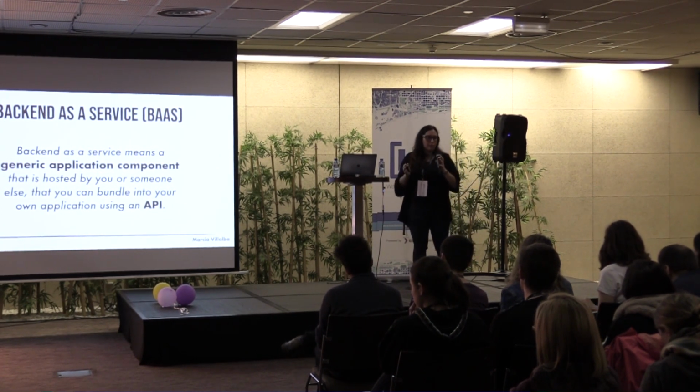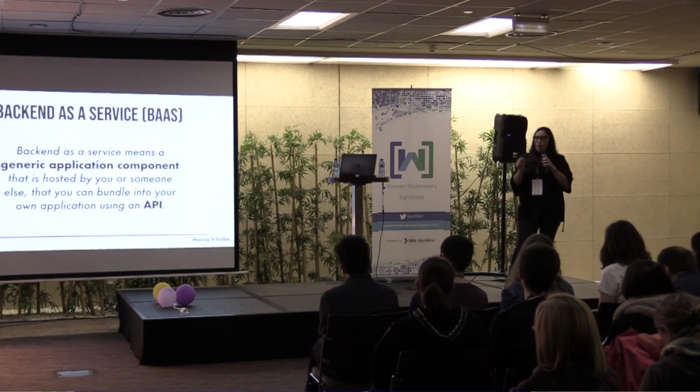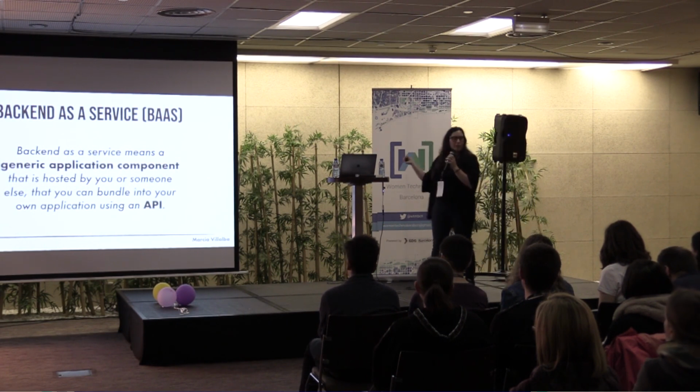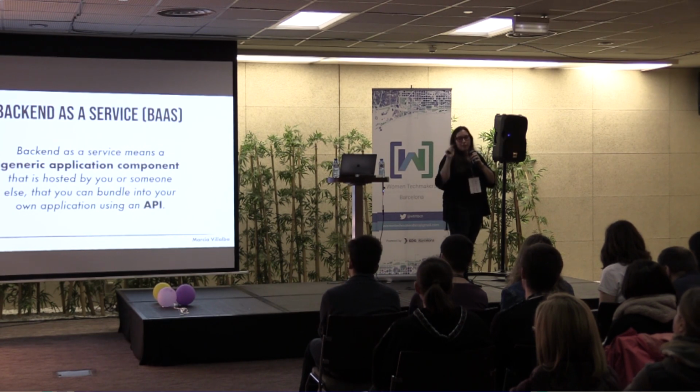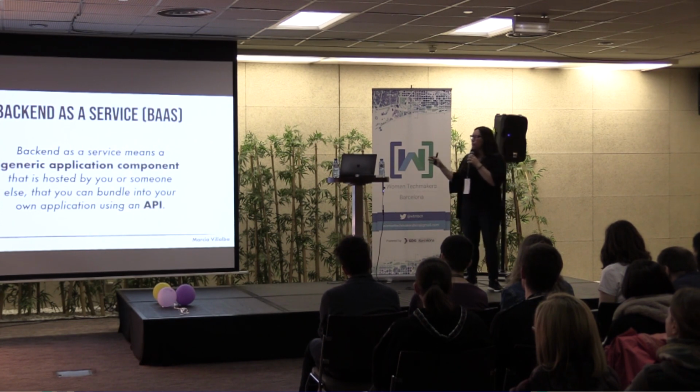And you don't need to build an authentication system. If the user forgets the password, then you do auth.forgotPassword with the user email, or whatever is in the API. And that will take care of sending the email and asking for resetting the password. You don't need to handle that. And that's the magic of backend as a service.